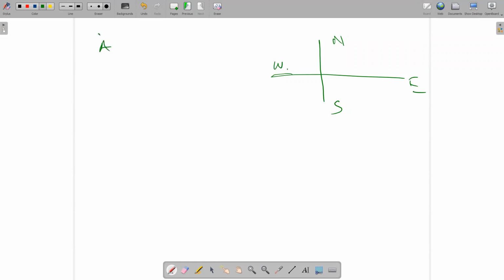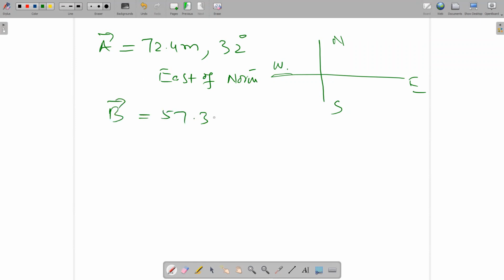So A vector is equal to 72.4 meter with 32 degree east of north. B vector is equal to 57.3 meter, 36 degree south of west.